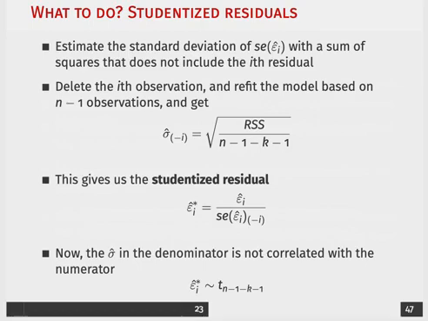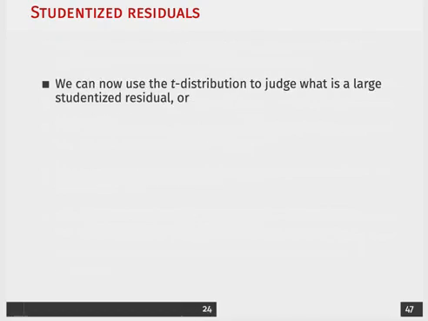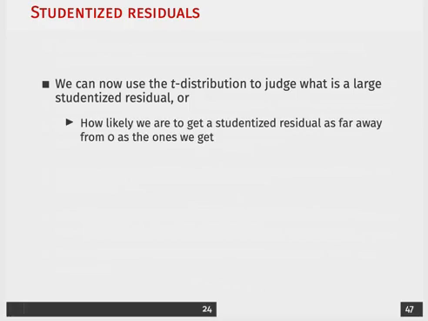This is big because now we can get back into our null hypothesis testing and use the t-distribution to judge what's a large studentized residual. Going back to our null hypothesis framework, we want to know how likely we are to get a studentized residual as far away from zero as the ones that we're getting if the null was true.